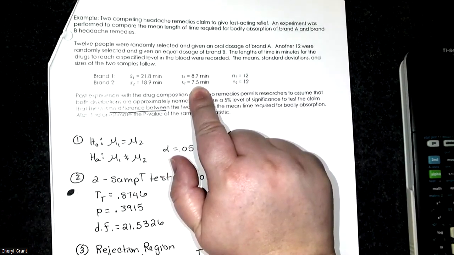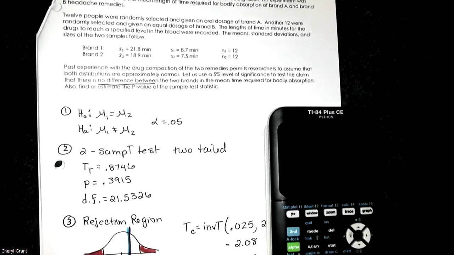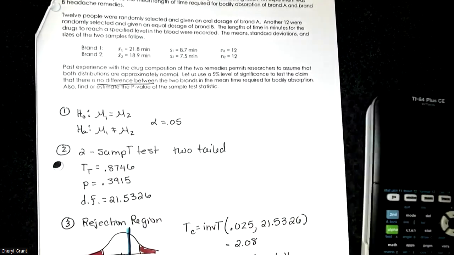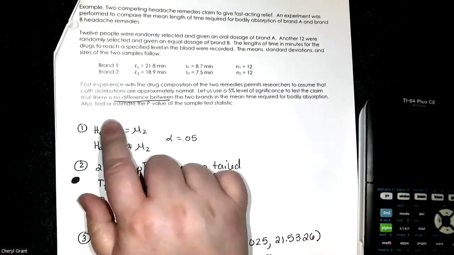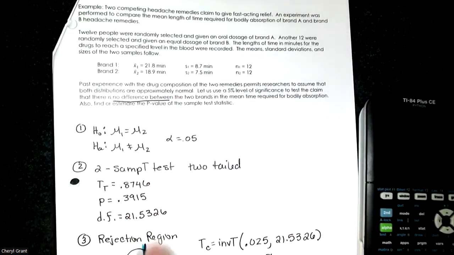All right, so that means we've got to use the t-test or student t-distribution because we don't know what the population standard deviation is. So let's see what kind of test we're gonna do here. It says past experience with the drug composition of the two remedies permits researchers to assume that both distributions are approximately normal.